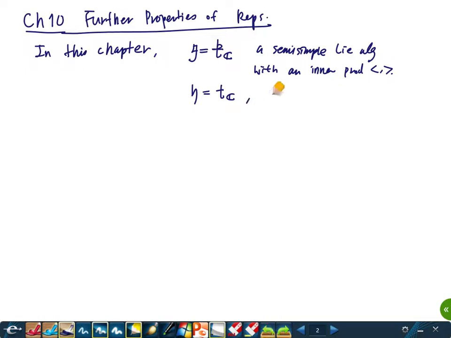We will use the notation of the set of roots, the Weyl group, and the sets of positive roots, negative roots, and simple roots.